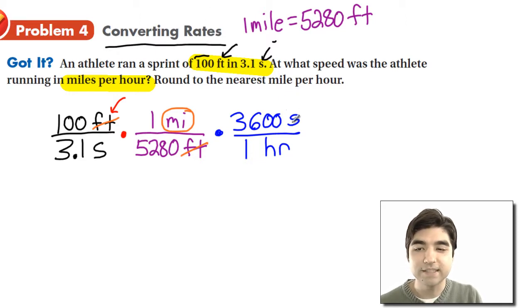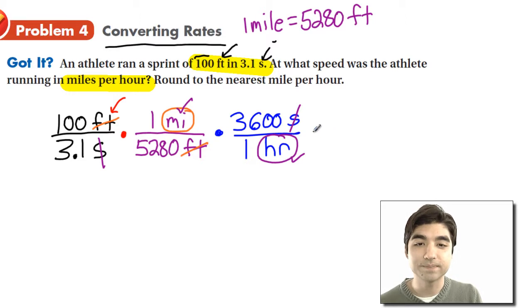Now, pay attention to this because I wrote the seconds on top, and that's because it's diagonal from the seconds on bottom over here. So that allows me to cross out the seconds and end up with hours. So now we've got miles per hour, which is what we want.